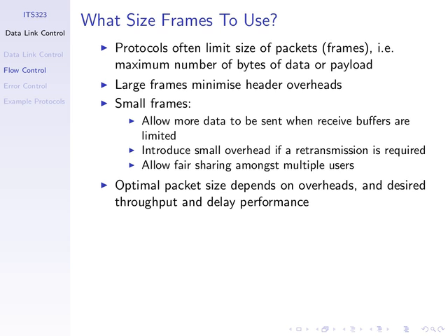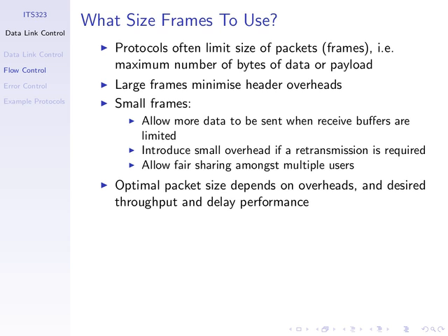Let's say we have a frame size which has a limit of 1,000 bits of data plus a 20-bit header. So every frame contains a maximum of 1,000 bits of data plus a 20-bit header.